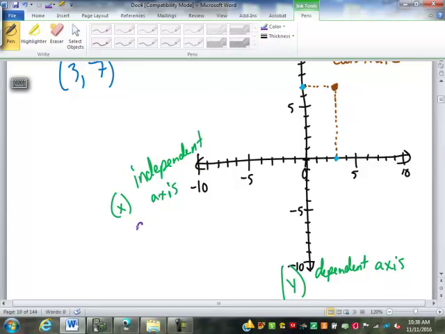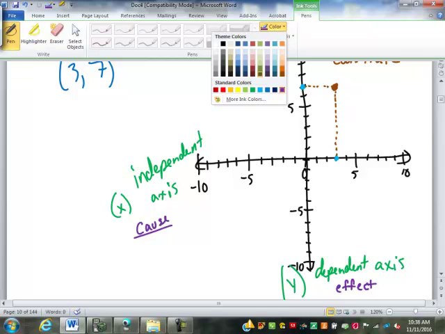So we'd most likely put the height on the horizontal axis, and then the weight would be the effect. Being taller, you're most likely going to weigh more. If it's passage over time on the horizontal axis, you might be looking at administering medication. The amount of medication administered would be the effect on the vertical axis, on the dependent axis.